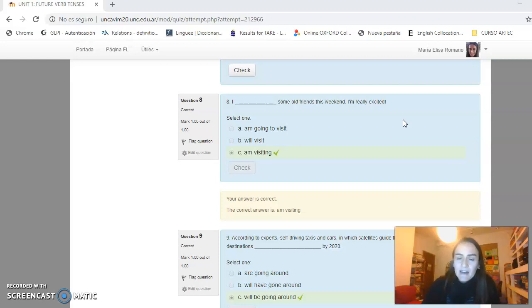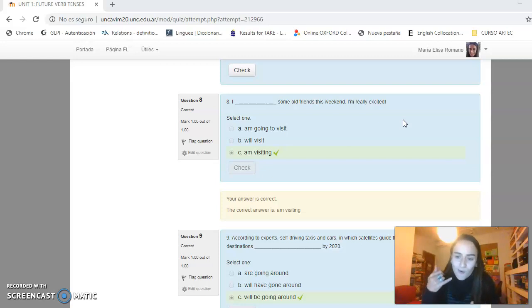Here, it might be more confusing because you may say, well, I may be planning to visit old friends and say, I'm going to visit some old friends. But here, the time marker is very important. If it is this weekend, there must be some previous arrangements, right? It's not something that you just plan to do and you visit people just like that.